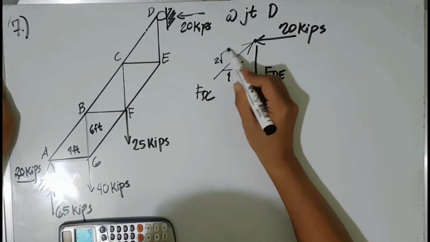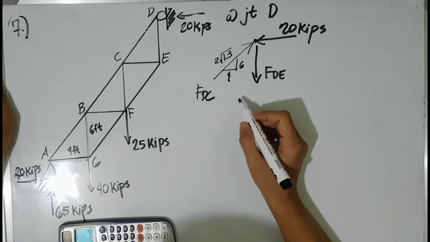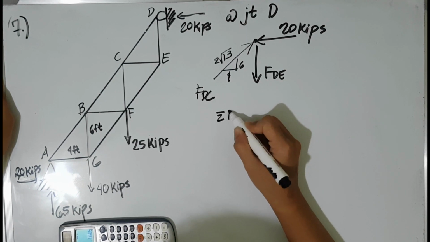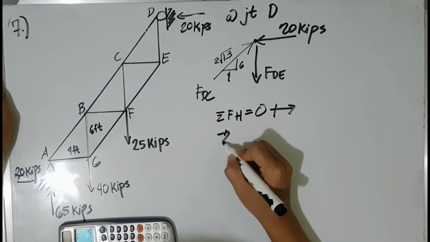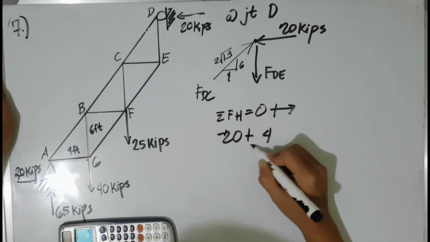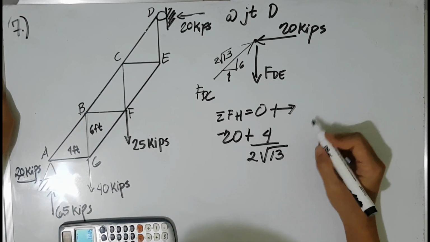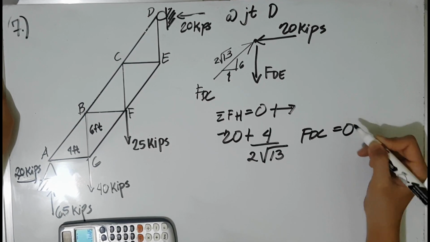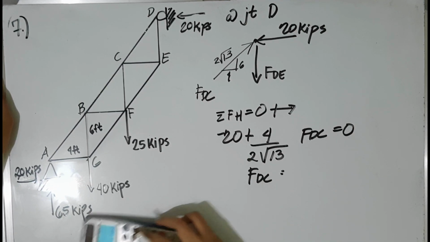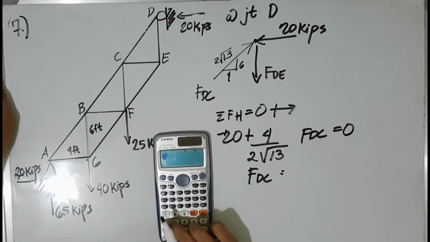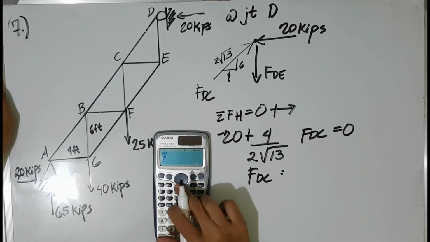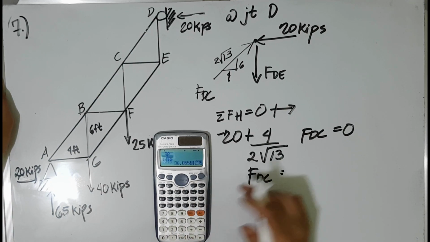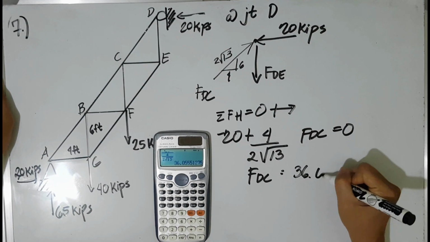Therefore, taking the summation of forces horizontal is equal to 0, right direction as positive, negative 20 plus 4 all over 2 square root of 13 of force DC is equal to 0. Therefore, force DC is equal to 36.06 kilopounds.